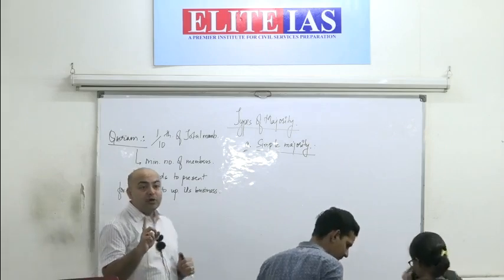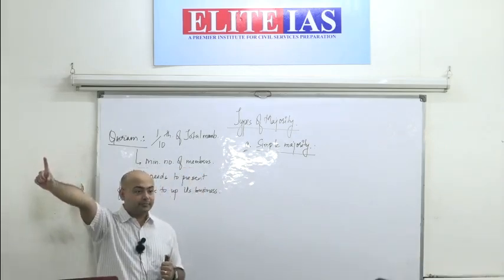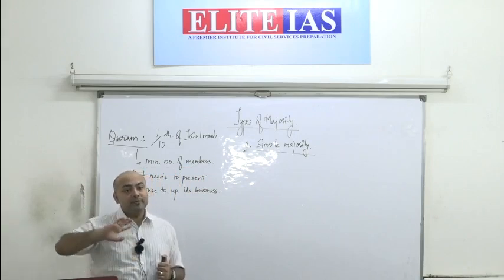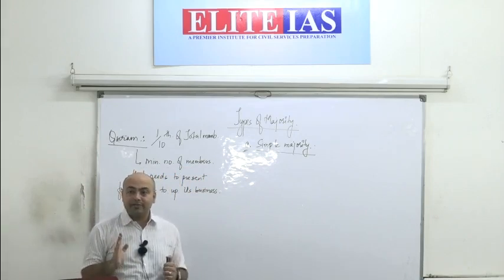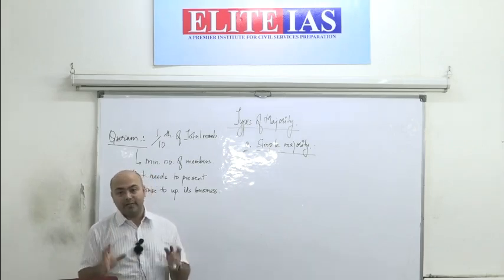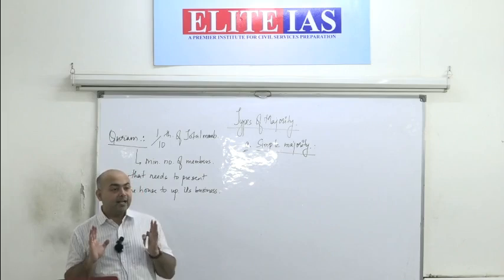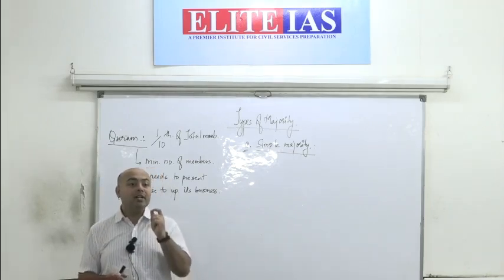It is not more than 50% of the total membership of the house. Clear? It's not more than 50% of the total membership of the house. It is more than 50% of the members present and voting. Clear? Present and voting.